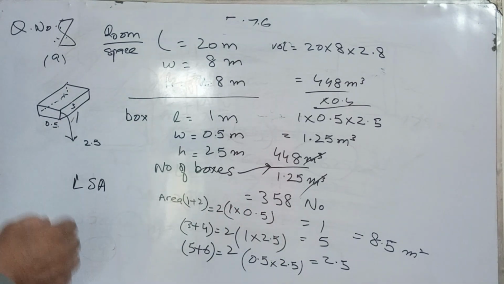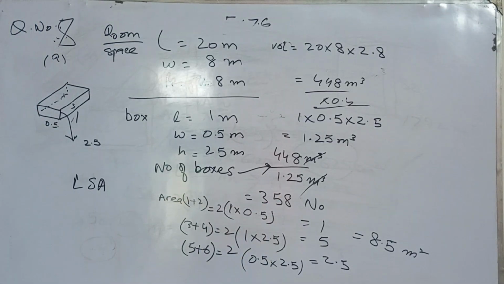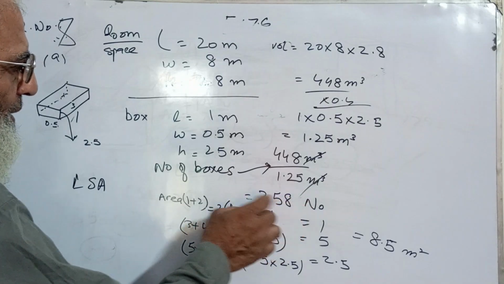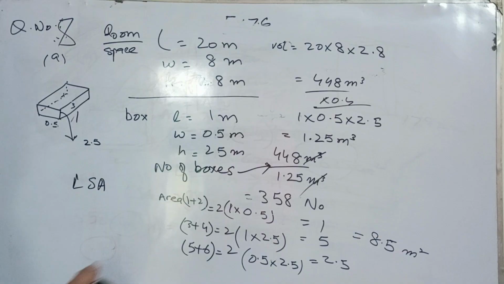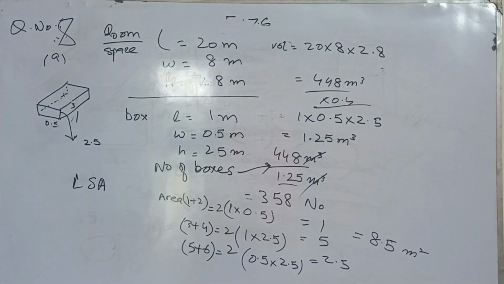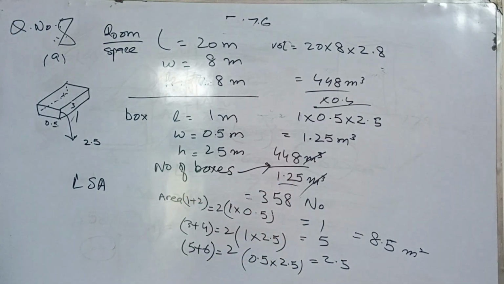Now you see there were 358 boxes which could have been stacked in that room. So the total volume of one box was 1.25, and with that we can stack 358 boxes.